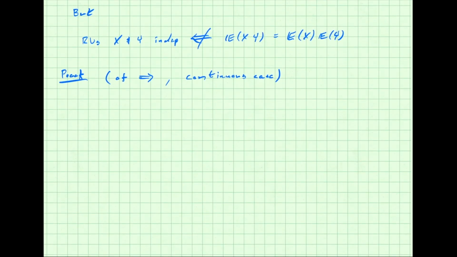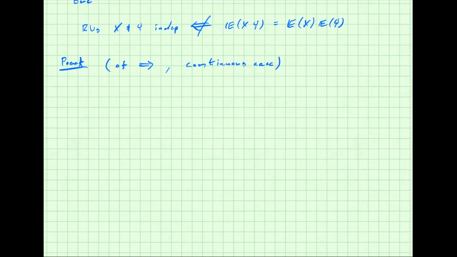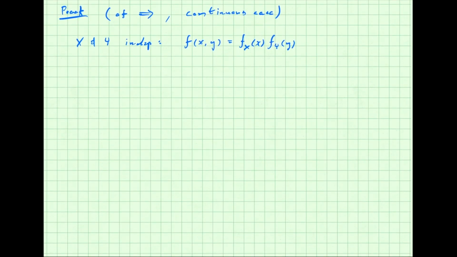All right, let's go ahead and work through the proof. We start off with x and y independent. That means their joint probability density function, and again these are continuous, is the product of their marginal density functions. So let's calculate the expected value of the product x and y.